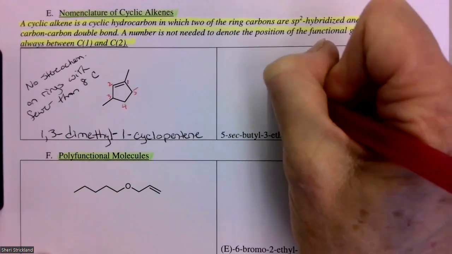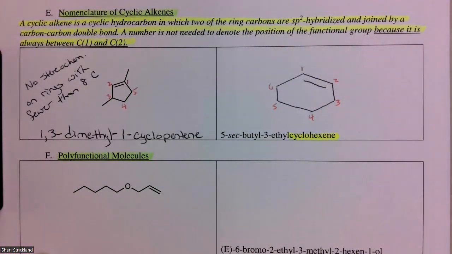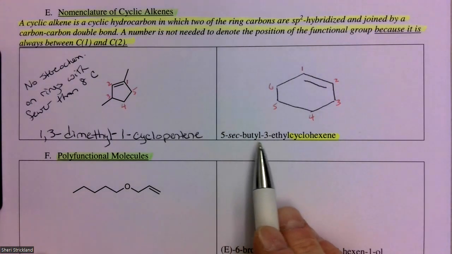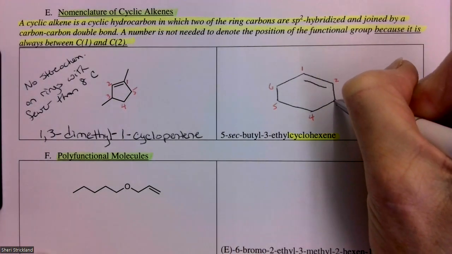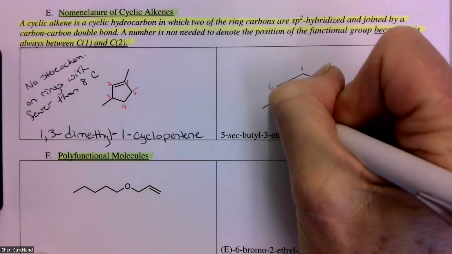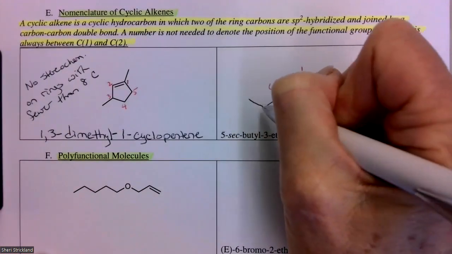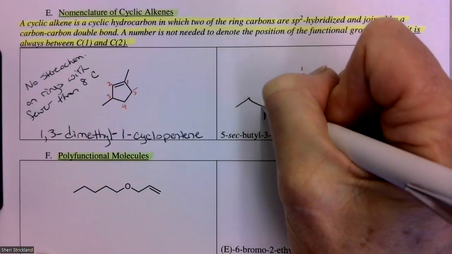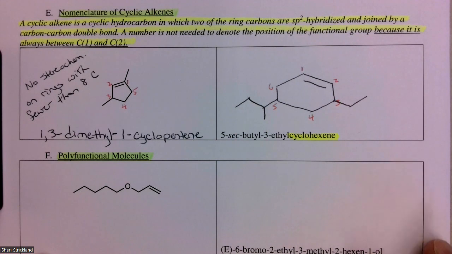You can decide where you want to put the double bond and that dictates where the numbers go. And then you just attach everything else. 3-ethyl, right there, 5-sec-butyl. All right, so you have to know the difference between those different branched butyl groups. Okay, that would look like this.